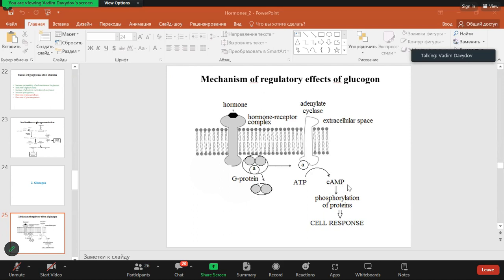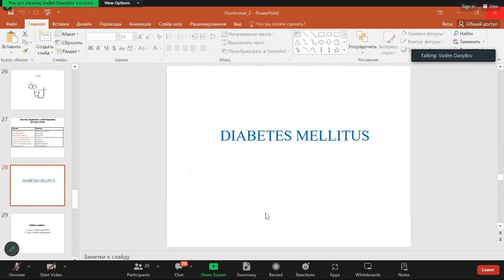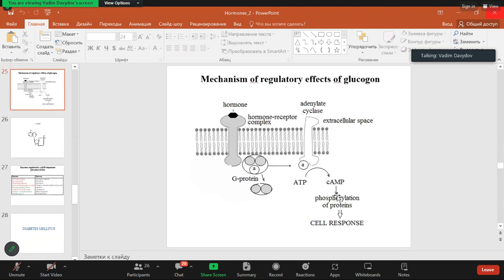Cyclic AMP is used as the second messenger of that hormone. The hormone does not penetrate inside the cell, but formation of the hormone-receptor complex brings about accumulation of cyclic AMP. Cyclic AMP acts as an allosteric activator of the enzyme protein kinase A, which phosphorylates different kinds of proteins, and this phosphorylation brings about the cell response.